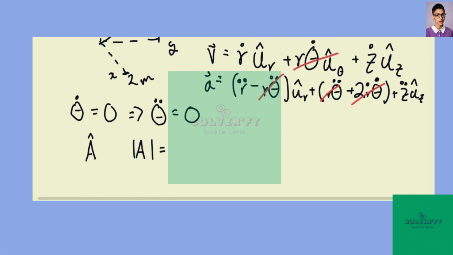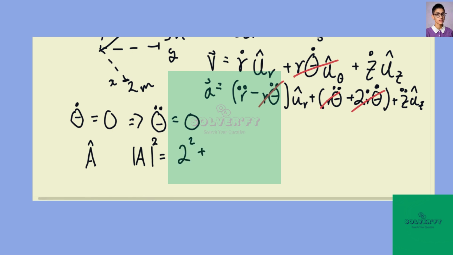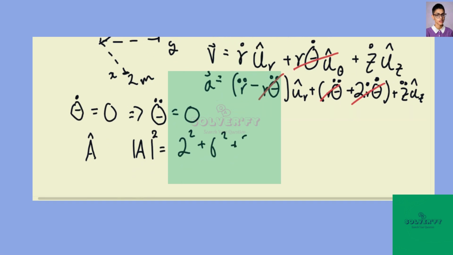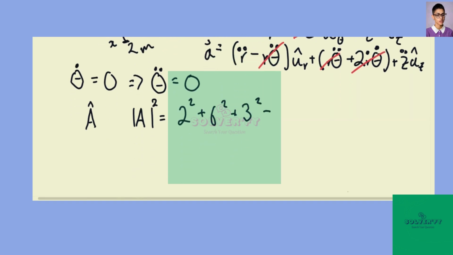So that's just going to be the magnitude squared is going to be 2 squared plus 6 squared plus 3 squared. And we can multiply these out to get 4 plus 36 plus 9. And 4 plus 36 is 40 plus 9 is 49. And so we know that the magnitude of the string is just square root of 49, which is 7.